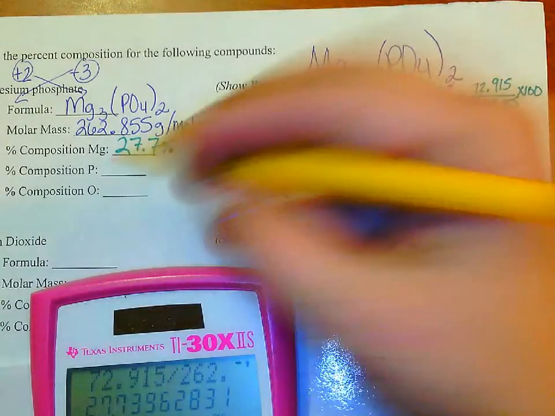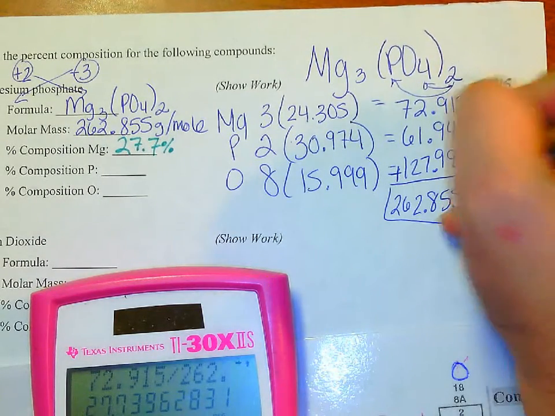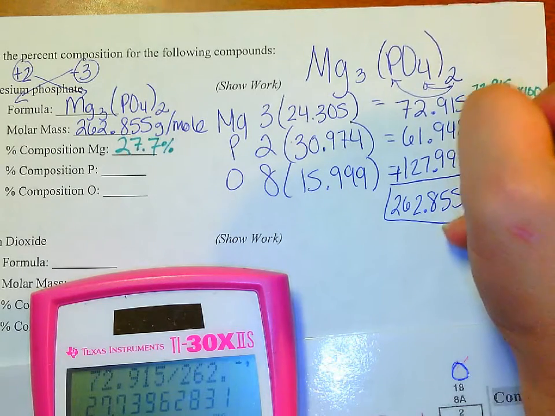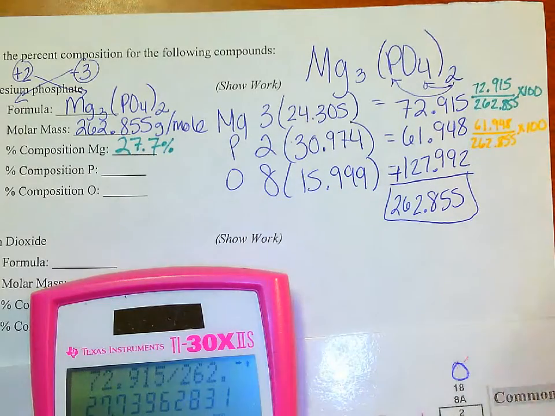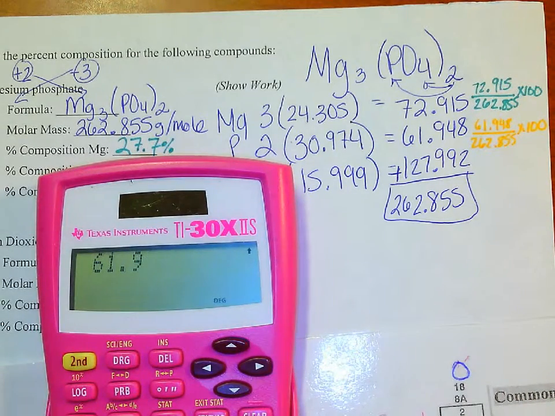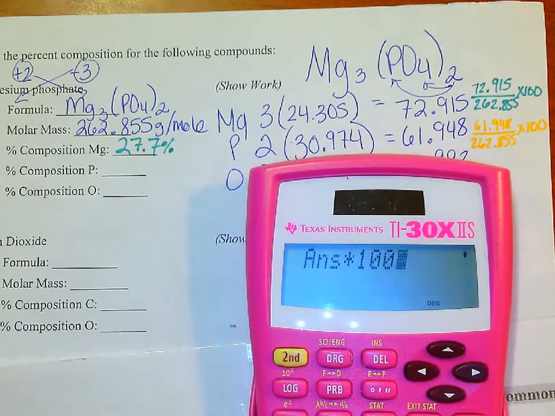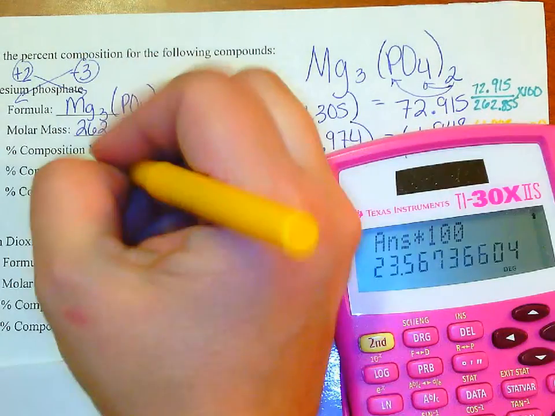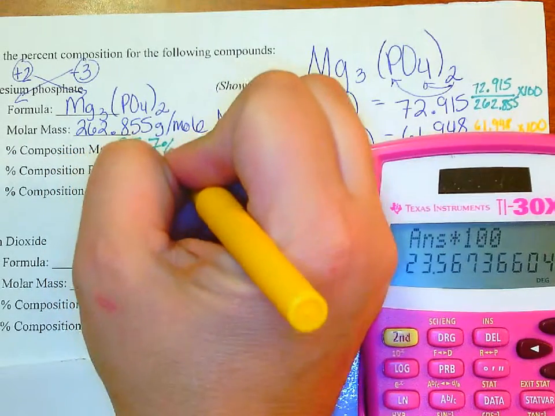We'll do the same thing for the phosphorus. 61.948 divided by 262.855 times 100 gives me 23.6.